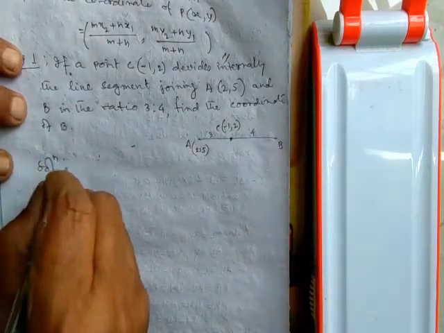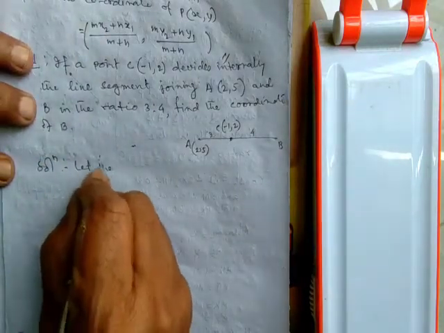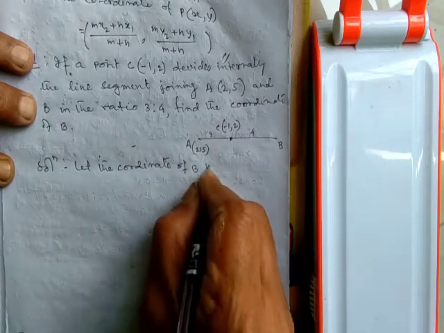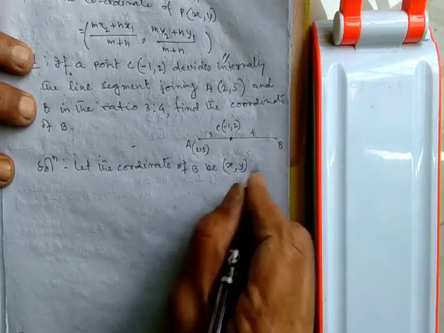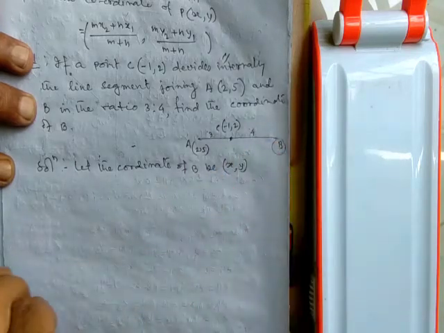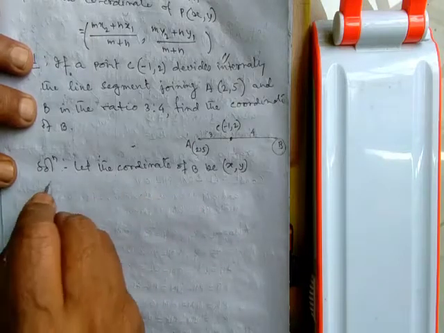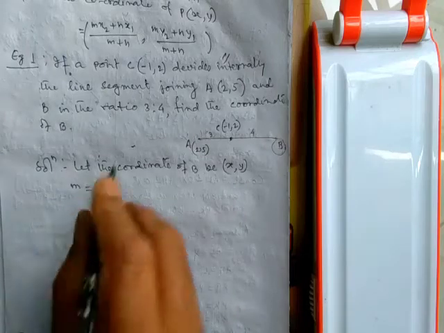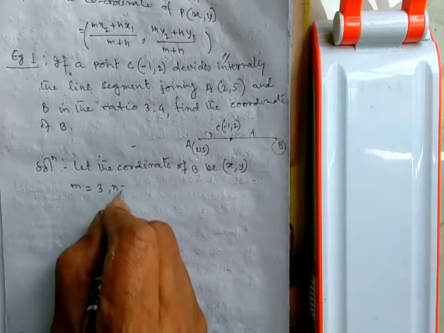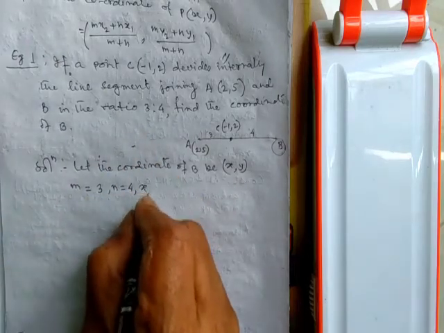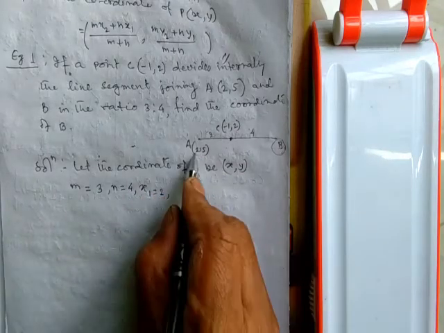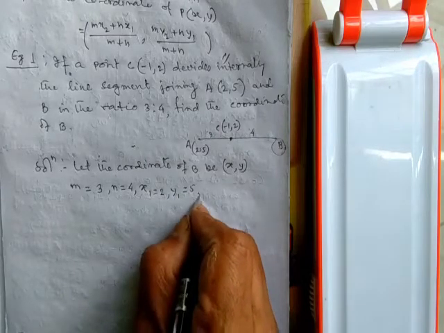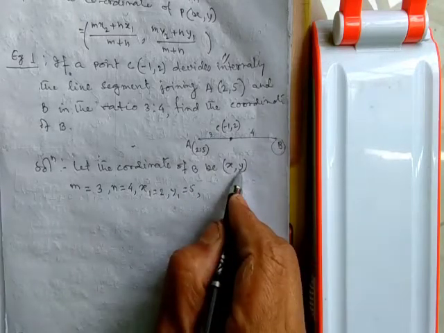Solution. Let the coordinate of B be (x, y). Here m is equal to 3, n is equal to 4, x1 is equal to 2, y1 is equal to 5, and coordinate of B I have taken as x and y.